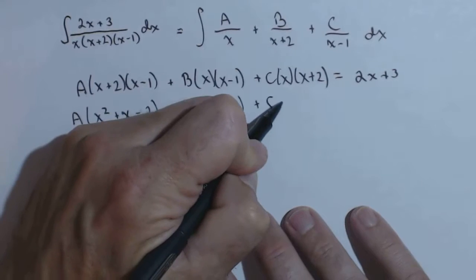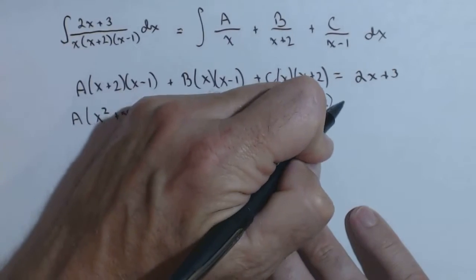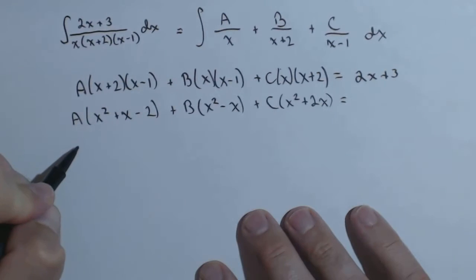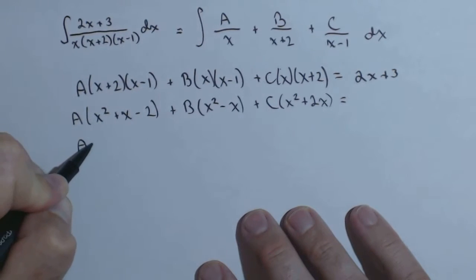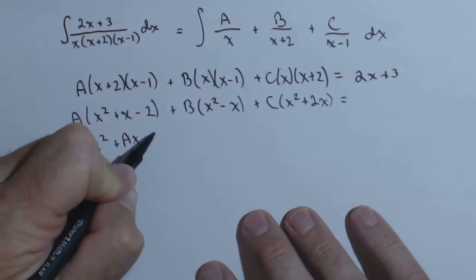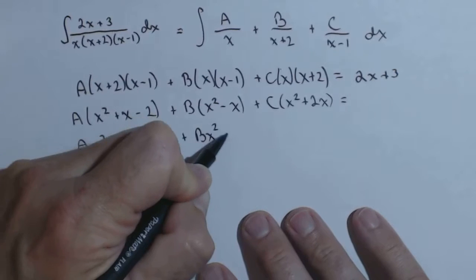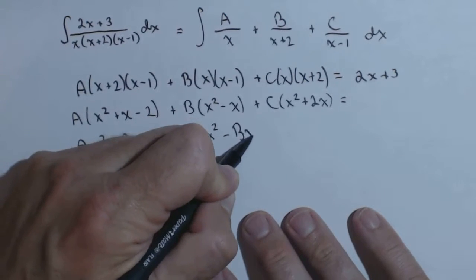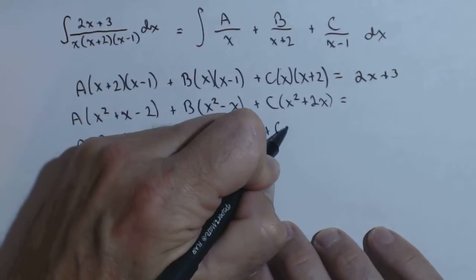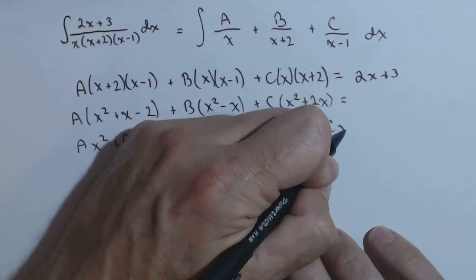And C is going to get multiplied by x squared plus 2x. So then I'll distribute: Ax squared plus Ax minus 2A plus Bx squared minus Bx plus Cx squared plus 2Cx.